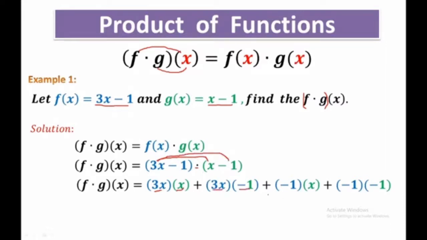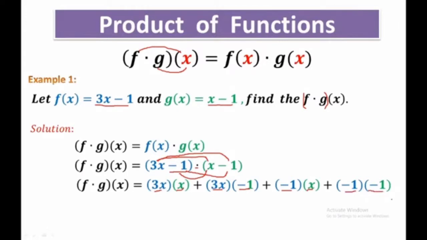And then plus, the next term is, this is negative 1. Do not forget the sign of our term. So negative 1 times positive x. The next is negative 1 times negative 1. So the last term is negative 1 times negative 1.